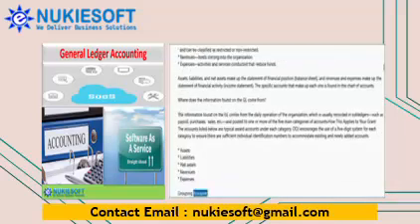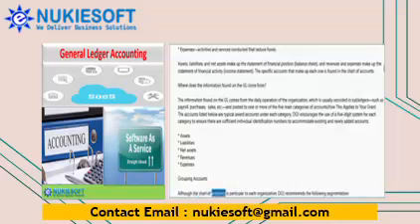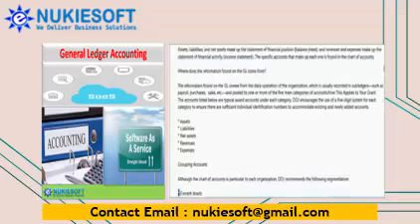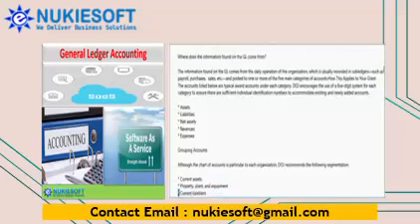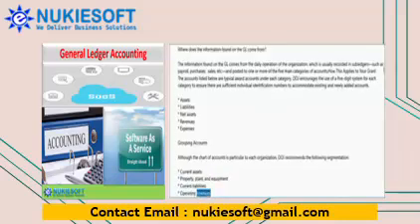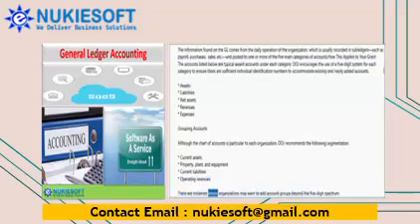Grouping accounts. Although the chart of accounts is particular to each organization, DOJ recommends the following segmentation. Current assets. Property, plant, and equipment. Current liabilities. Operating revenues. There are instances where organizations may want to add account groups beyond the 5-digit spectrum.